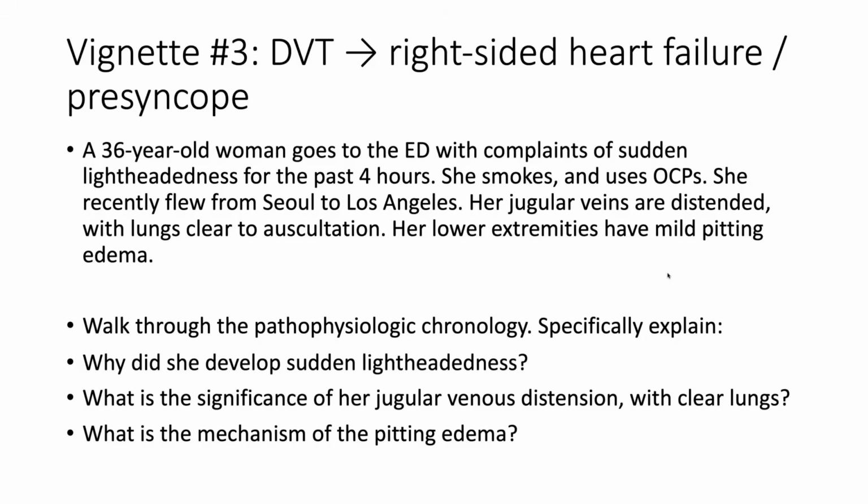A 36-year-old woman is born healthy. She starts smoking and using oral contraceptives. She takes a very long flight from South Korea to LA, where she develops DVTs in her lower extremities. Those DVTs will go to the pulmonary artery as a pulmonary embolism that will decrease the preload.